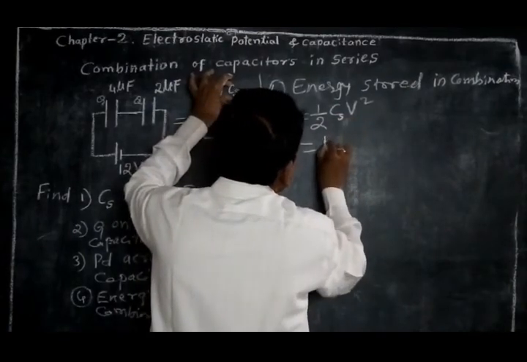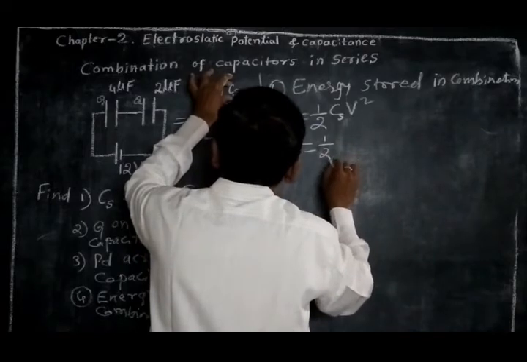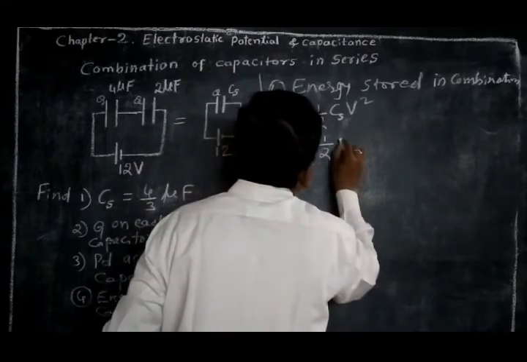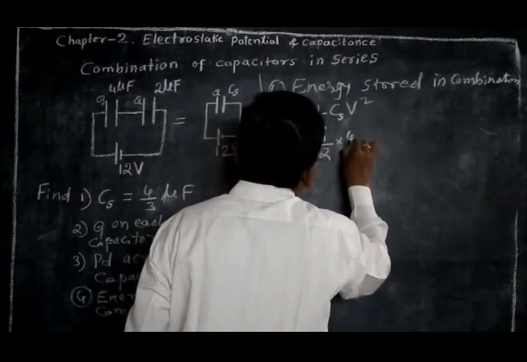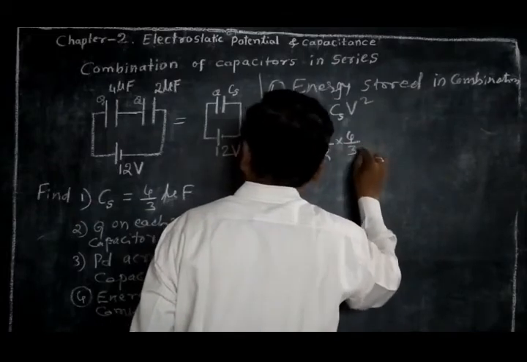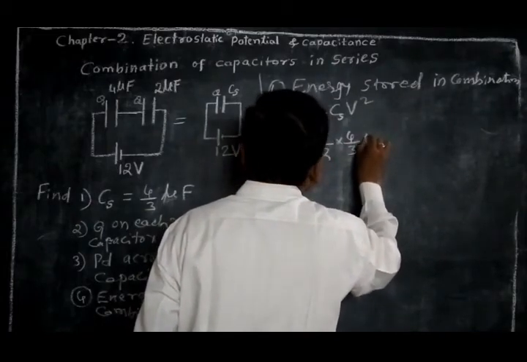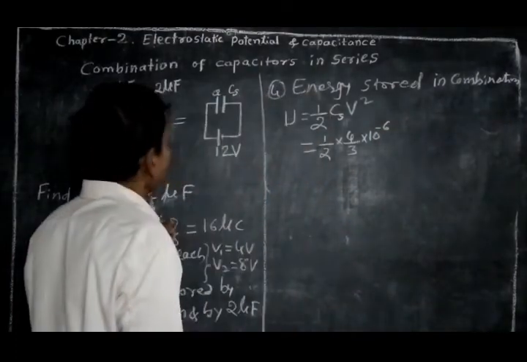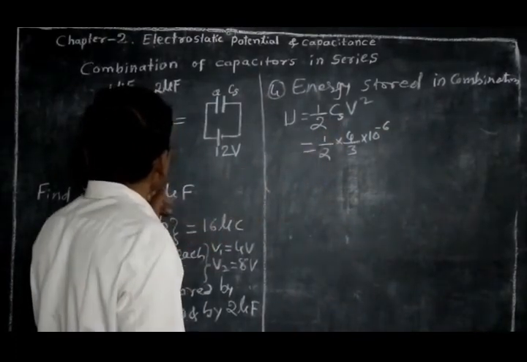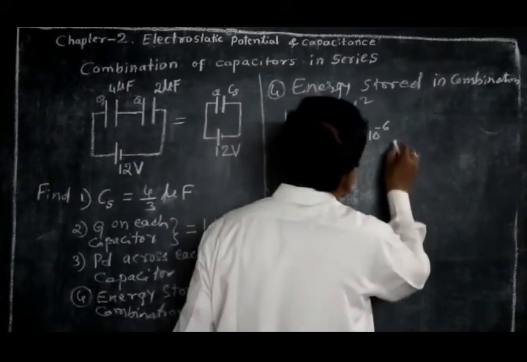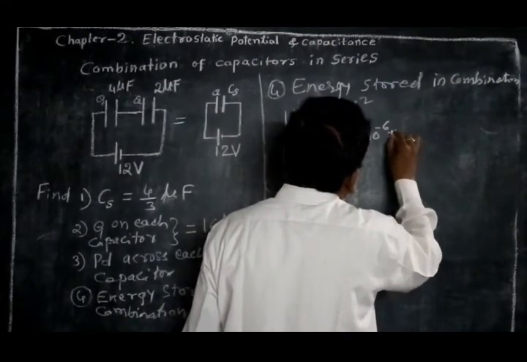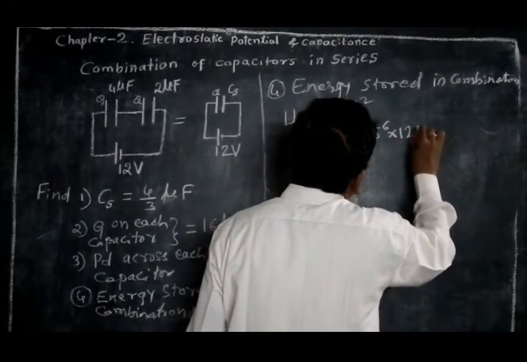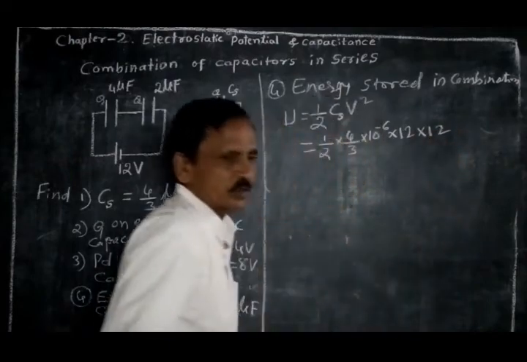That is equal to half into 4 upon 3 into 10 raised to minus 6 into V square, where V is 12 volt. Therefore, 12 into 12.